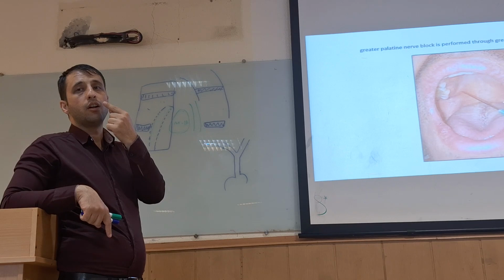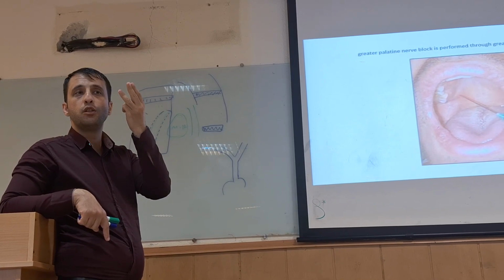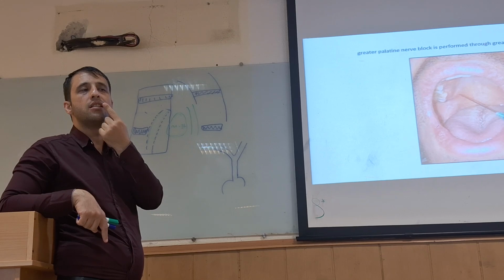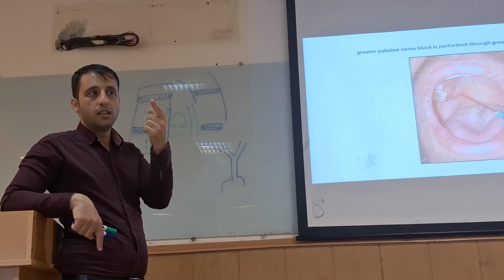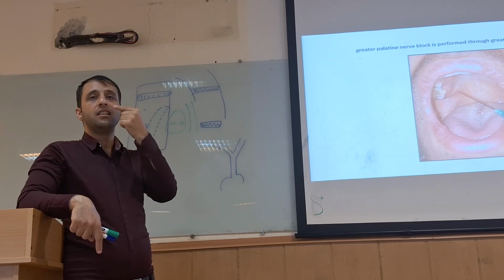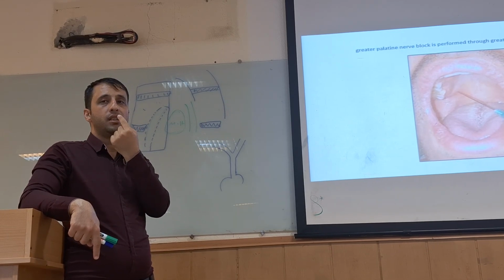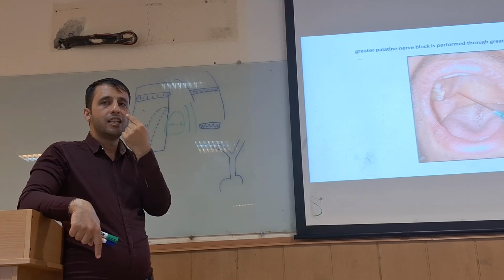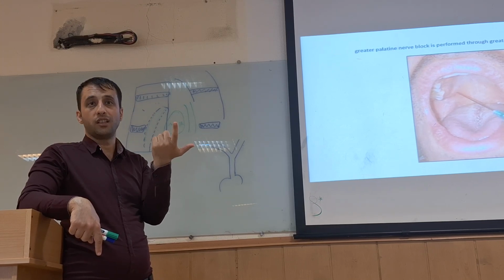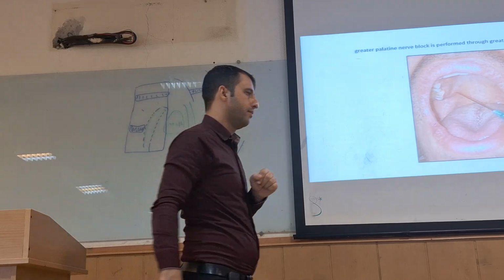Because I said that the greater palatine artery and nasopalatine nerve enter the incisive foramen. Okay? Every nerve which innervates the teeth is named an alveolar nerve. For example, anterior teeth are innervated by the anterior superior alveolar nerves, not the nasopalatine nerve. Okay?